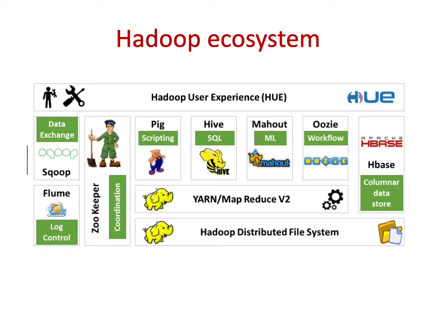We can see the different components like Hadoop Distributed File System, which is known as HDFS, MapReduce, YARN, Pig, Hive, Mahout, Oozie, HBase, Zookeeper, Flume, and Sqoop. And we'll see them one by one.